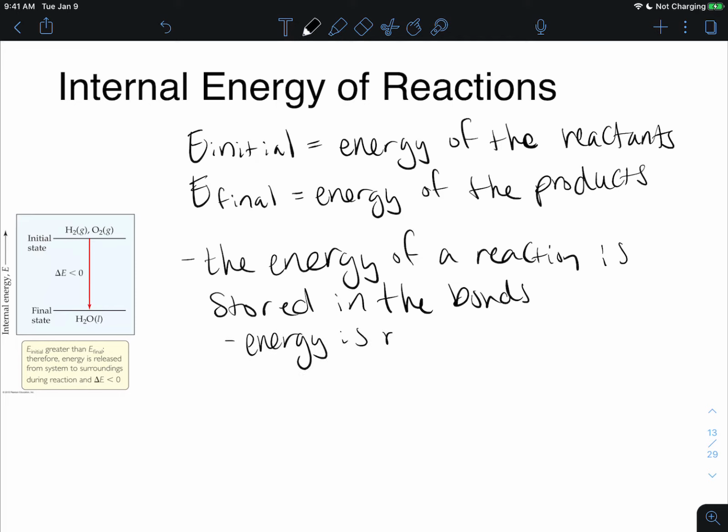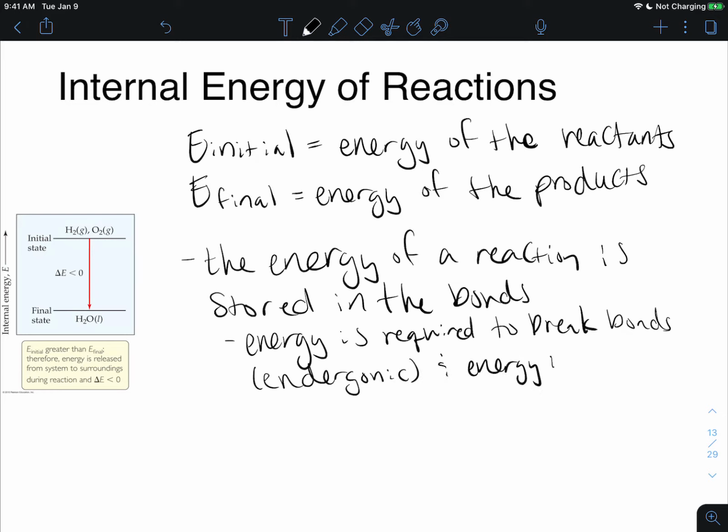So energy is required to break bonds, as that is an unfavorable thing. So this would be endergonic. And energy is released during bond formation.